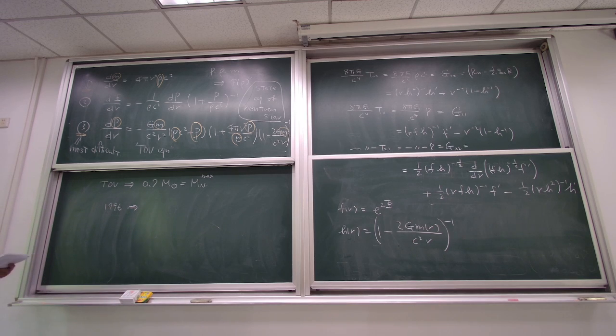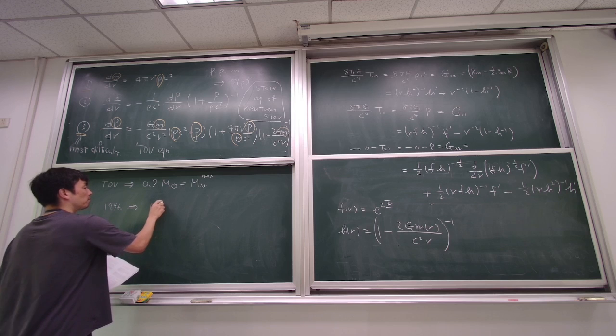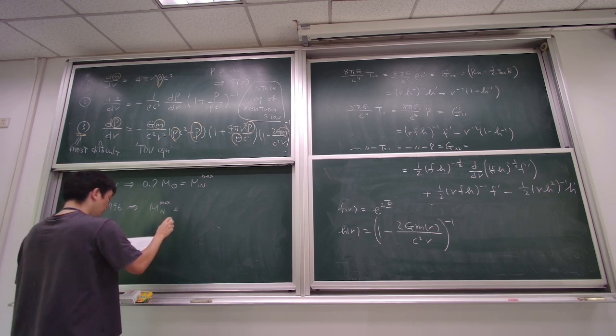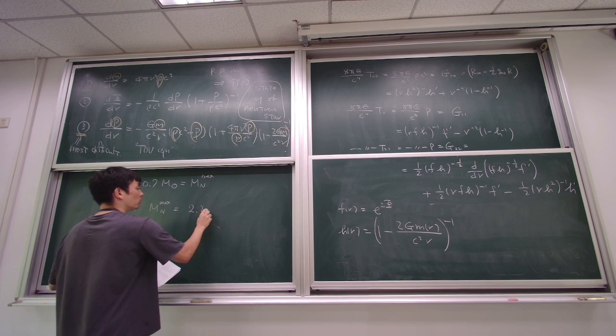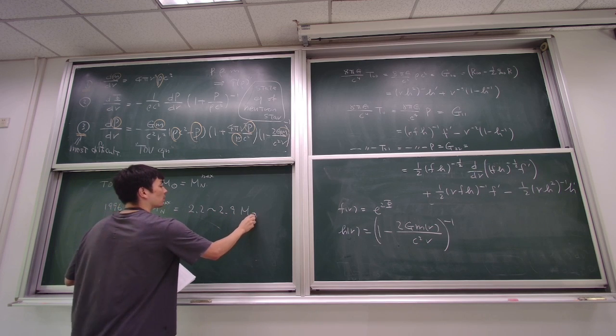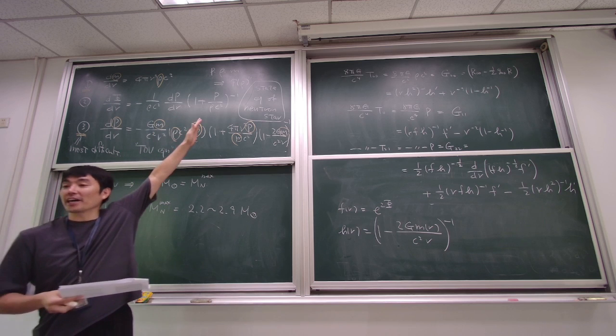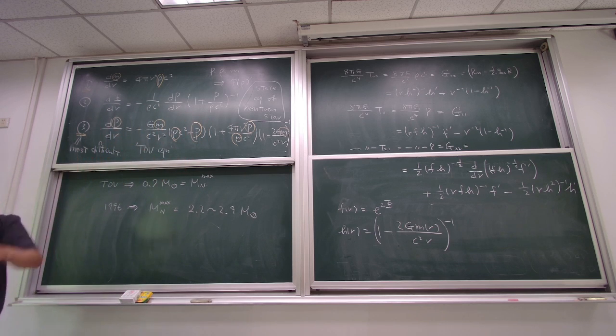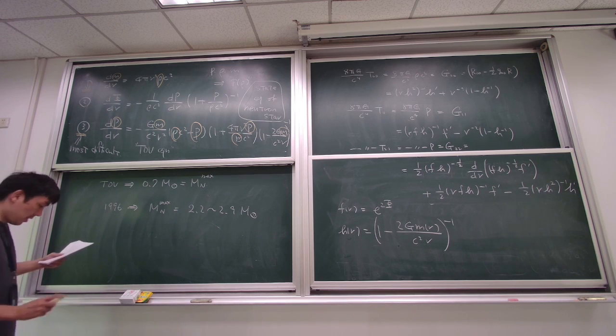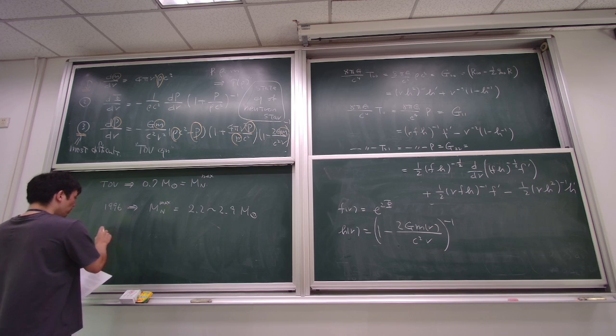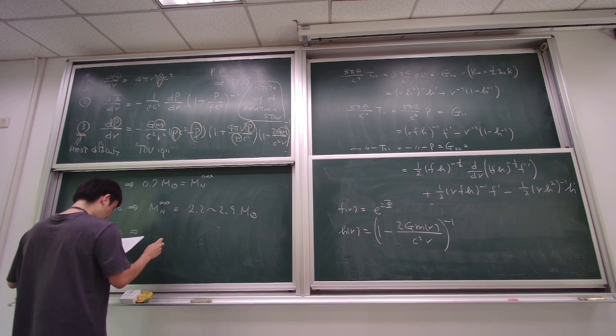the latest estimate is that the maximum mass of a neutron star is indeed around 2.2 to 2.9 solar masses. If you make an estimate of P of rho and solve this equation, roughly the maximum neutron star mass is around here. Okay, and then in 2022 there was an observation.